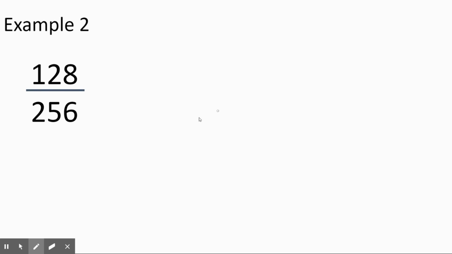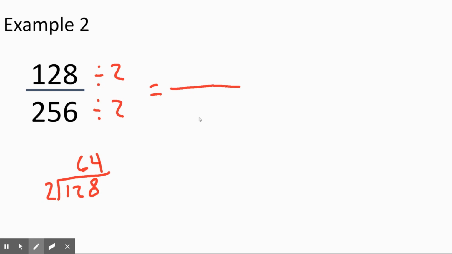For example, if both your numerator and denominator are even numbers, we can just divide these both by 2. Now you might have to do some long division to figure out what 128 divided by 2 actually is. I happen to know that it's 64, so we're not going to go through all that process, but you may have to do that in order to simplify a little bit.